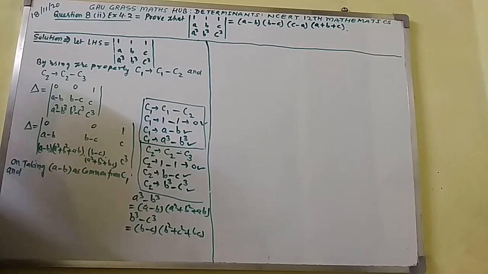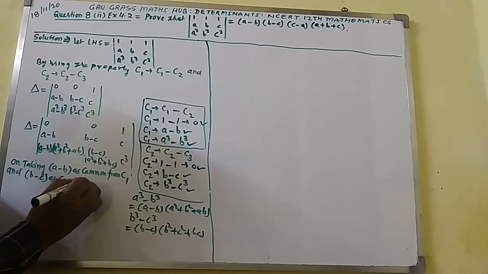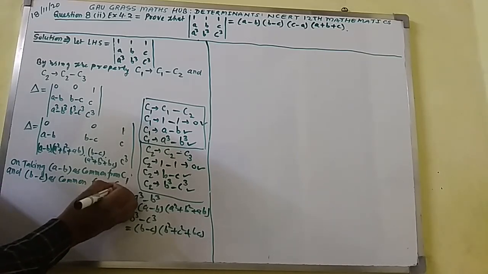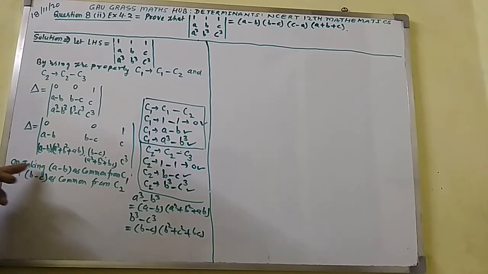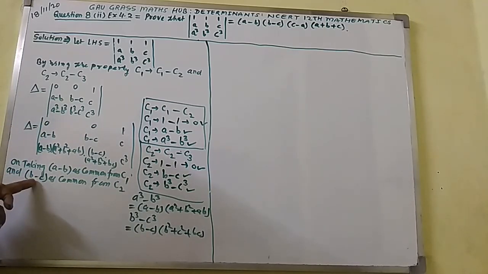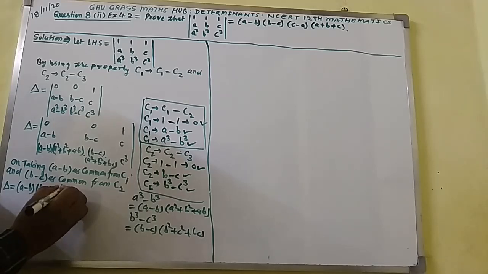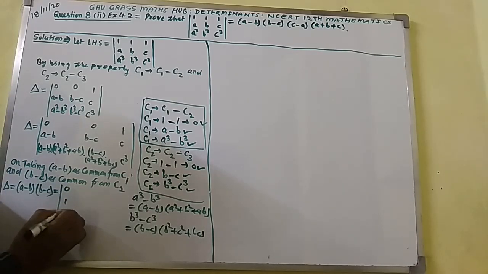And b minus c as common from C2. On taking a minus b as common from C1 and b minus c as common from C2, we shall get, in one bracket a minus b, in another bracket b minus c, equal to the determinant.